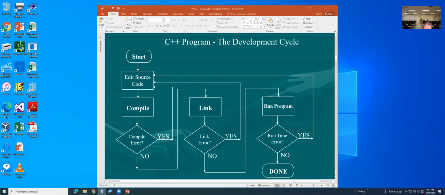That's what they call a logic error. When you compile and get an error, that's just a syntax error. They make sure you follow the rules of C++.